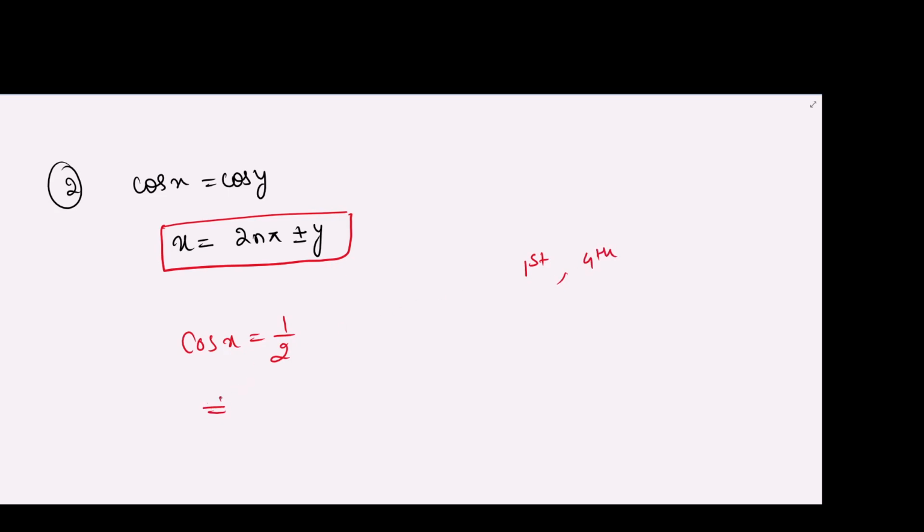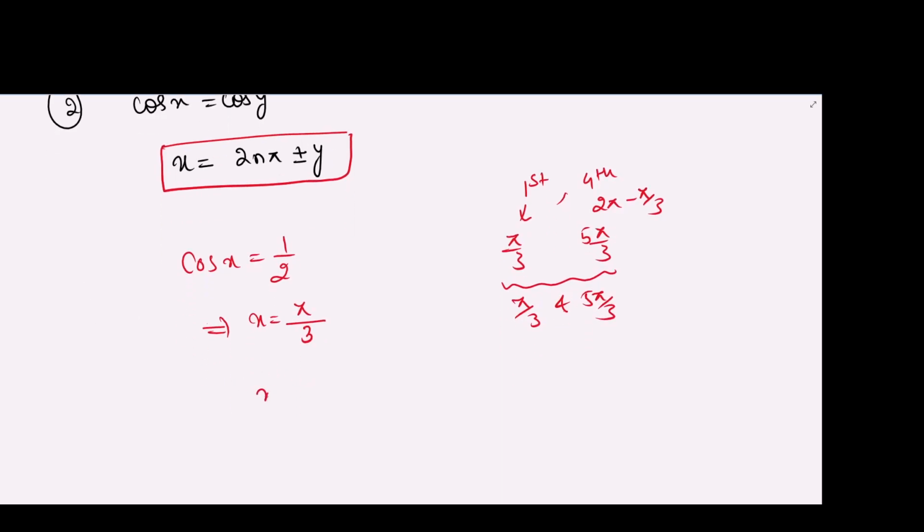So this implies x is equal to pi by 3 in first quadrant, and in fourth quadrant 2 pi minus pi by 3, so 5 pi by 3. So we have two principal solutions, pi by 3 and 5 pi by 3. So we have two general solutions, x equal to 2n pi plus minus pi by 3 or x equal to 2n pi plus minus 5 pi by 3.